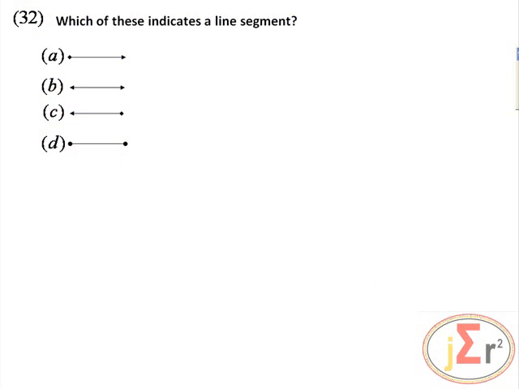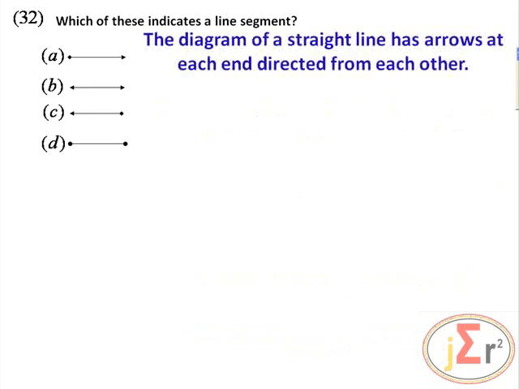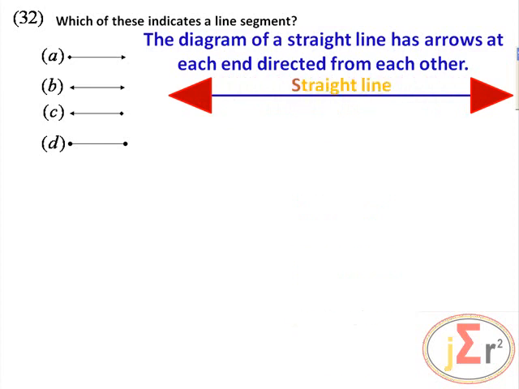Which one of these indicates a line segment? The diagram of a straight line has arrows at each end directed away from each other. That's a line.